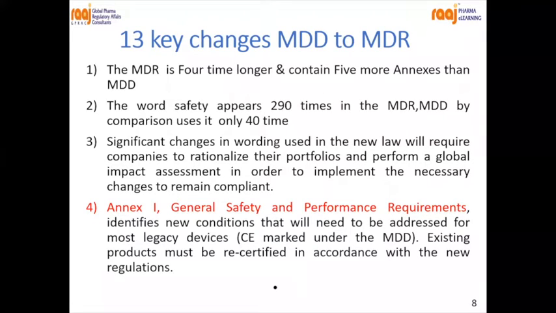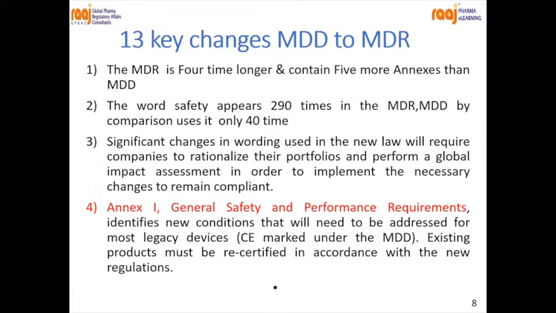If they have not conducted clinical studies, all the clinical evidence is insufficient, so they have to go for clinical evidence. Just see, 100 varieties of products. If they have to go through this, the implementation will take a long time. But they have to do it, and that's the reason each country has given sufficient time for this implementation.